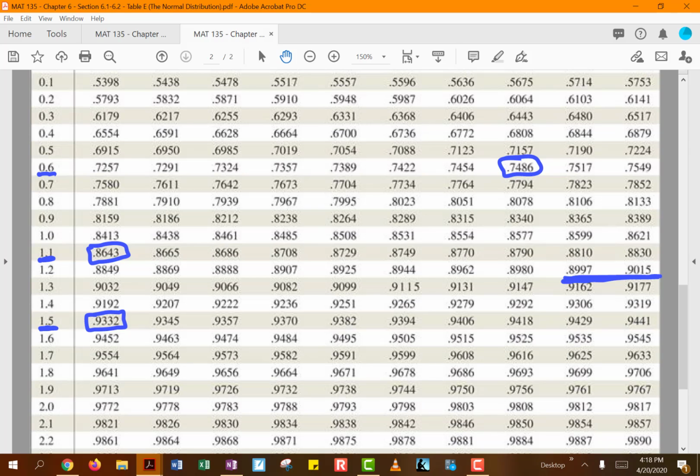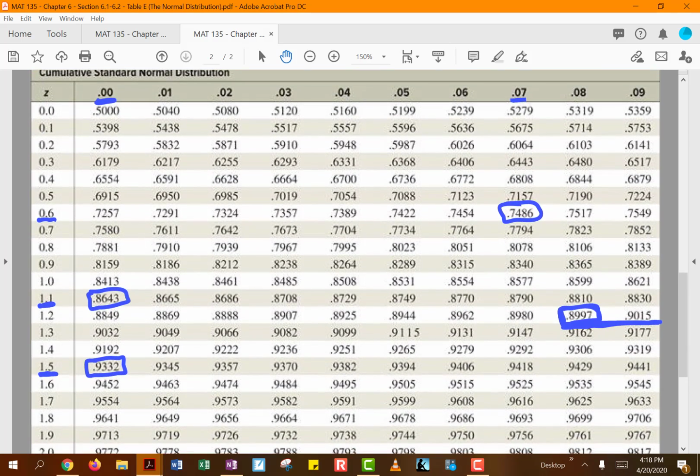Now, of course, remember you have to use the value which is going to be closer. So 0.8997 is going to be 3 units away from 0.9000, and of course 0.9015 is going to be 15 units away. So that means this number is going to be closer to our 90% approximation. So that comes out to be at 1.28 is what it looks like.